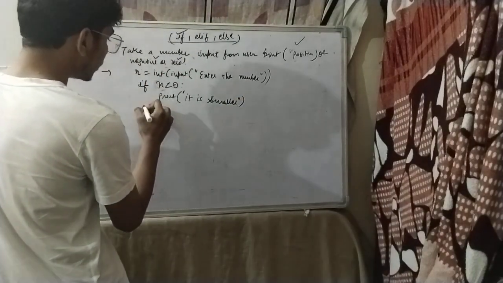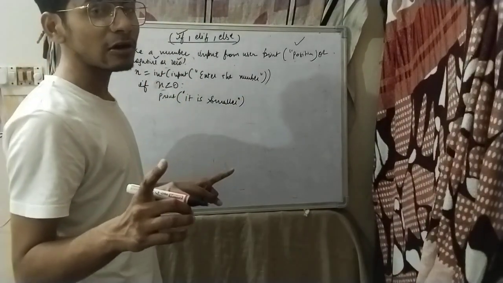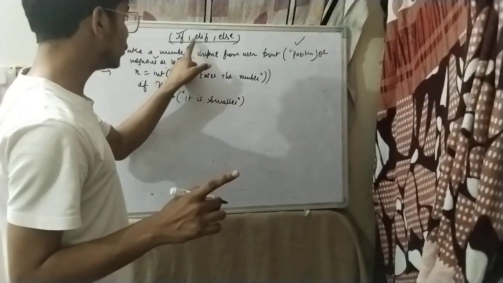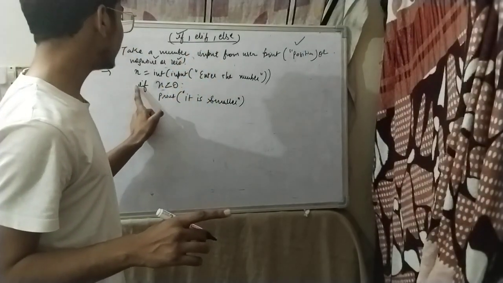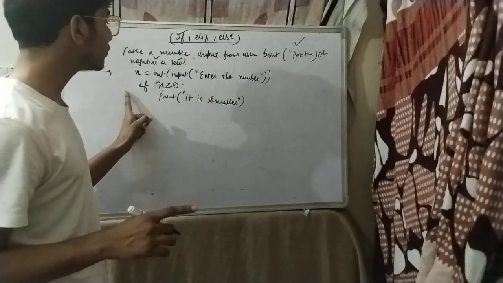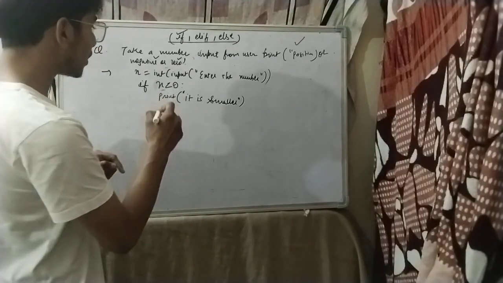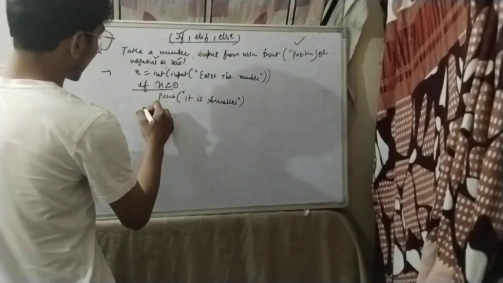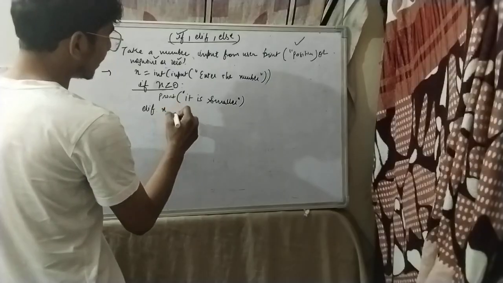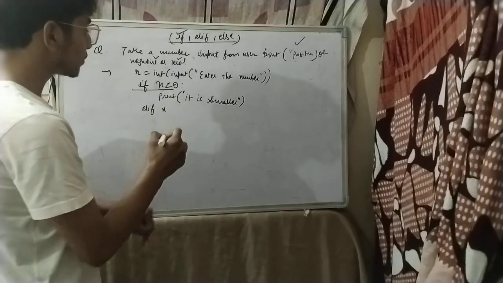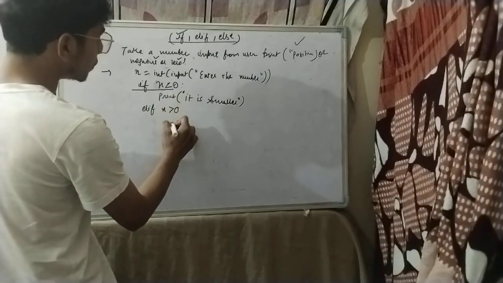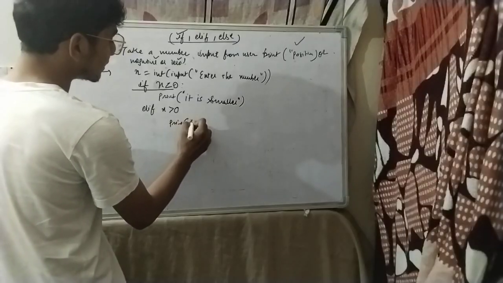Okay, so now we are going to use elif. Why are we using elif? Because we already used the if syntax. Now we are going to use the condition: n is greater than 0, then print it is the greatest.